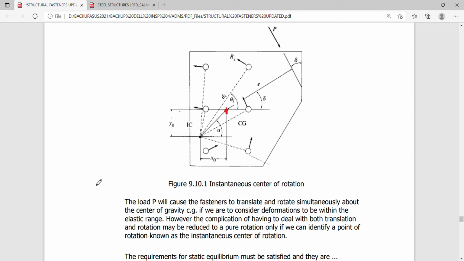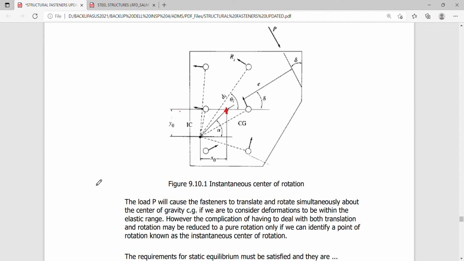And if we are to consider deformations to be within the elastic range, we have to deal with both the translational displacement and the rotational displacement to come up with the total displacement of the whole system.